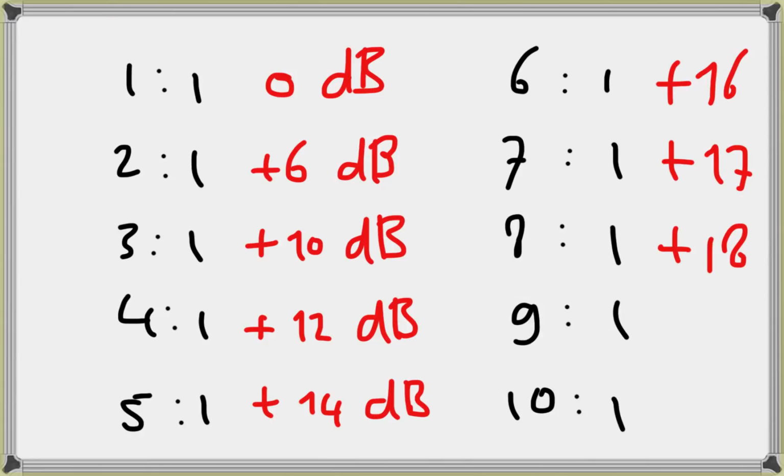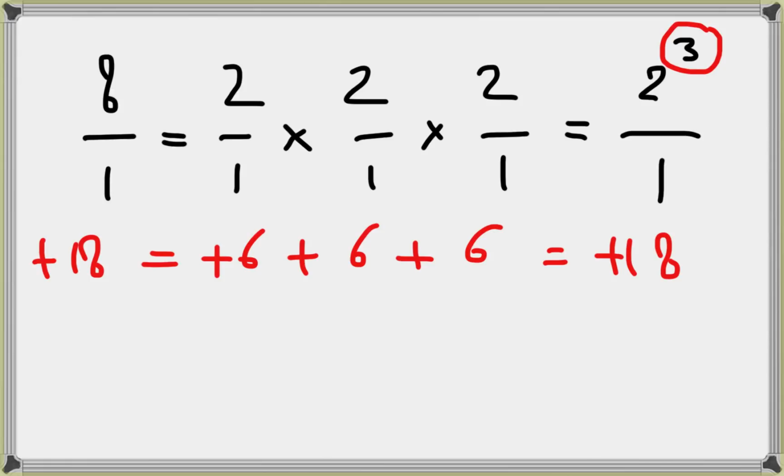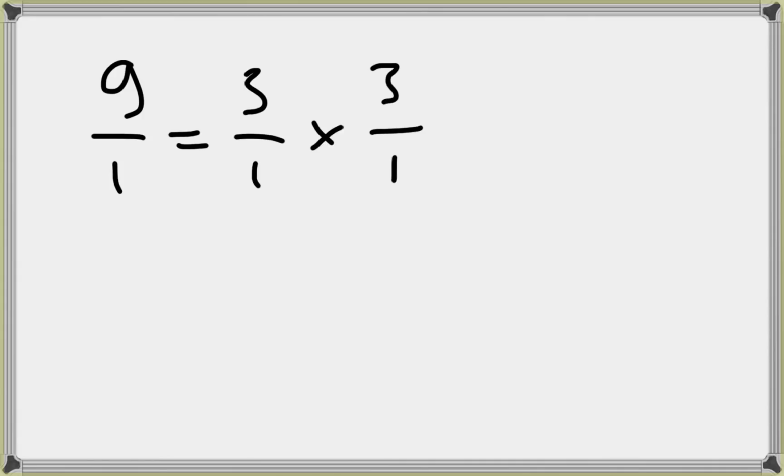Again, 9/1 is clearly not a member of the Big Ten, but maybe I can decompose 9/1 into something smaller, of which I do know the corresponding decibel values, like 3/1 times 3/1. That would be the longhand notation, or 3 to the power of 2 divided over 1, which would be the shorthand notation.